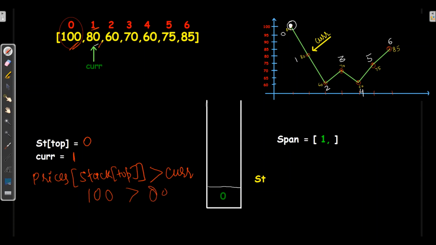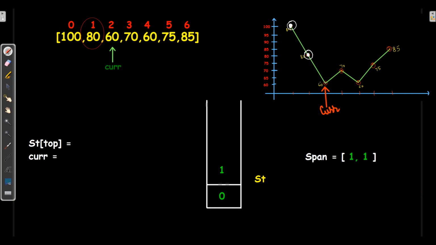Yes. For 80, 100 is greater. So what we'll do? We will push into stack. So here we will get 1. And the span will be current minus stack top, which are the indexes. 1 minus 0 will be 1.